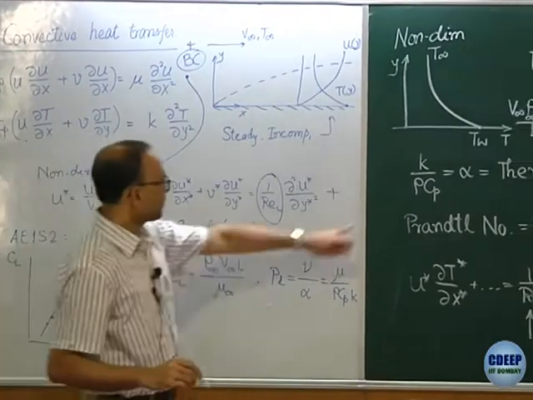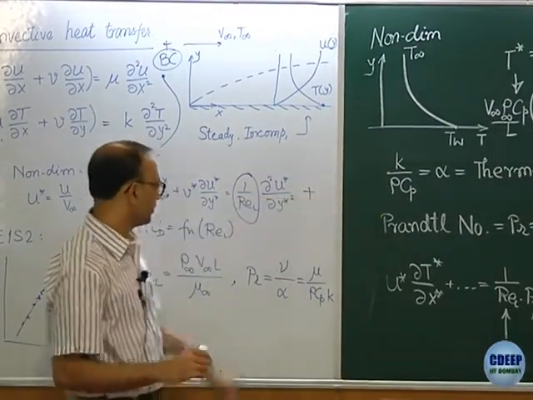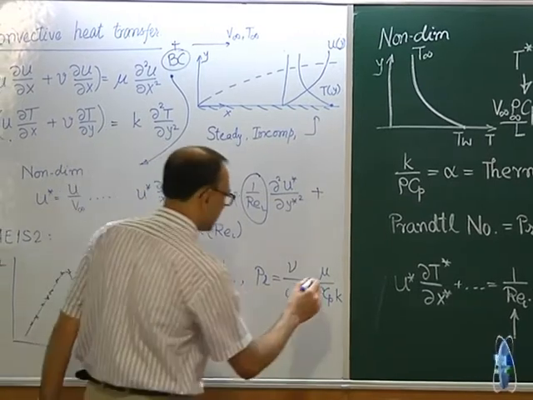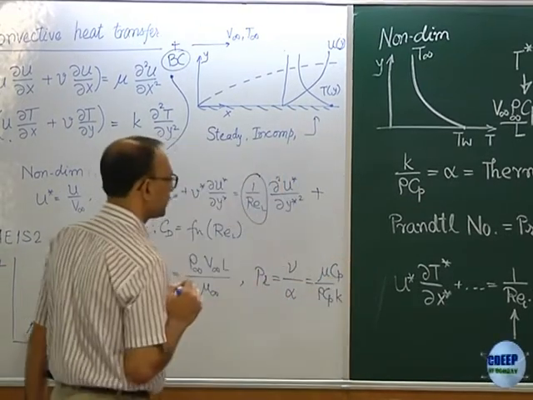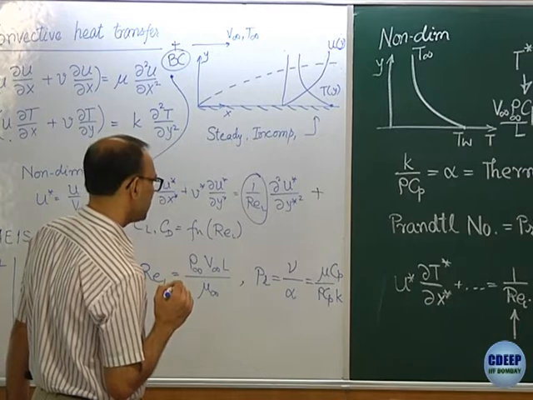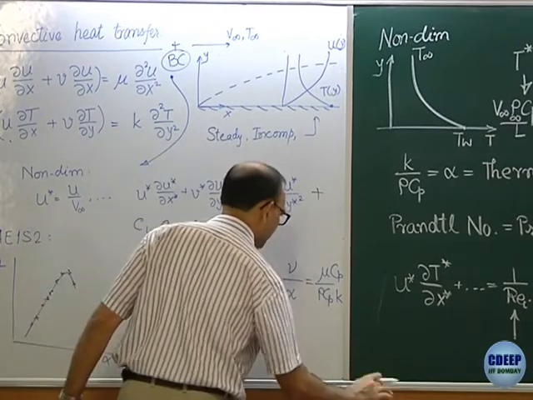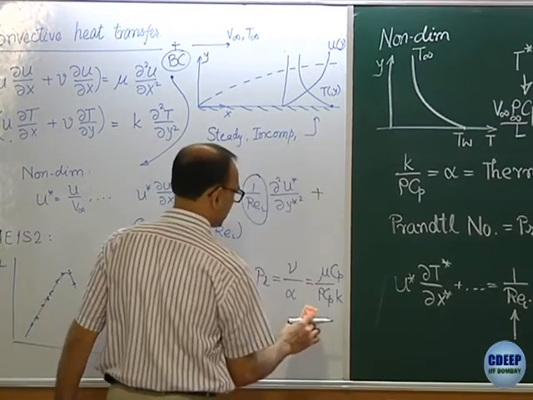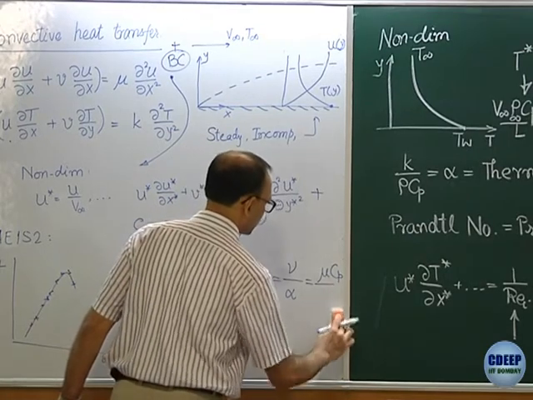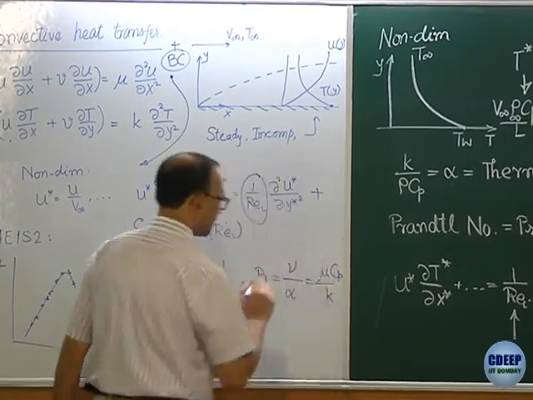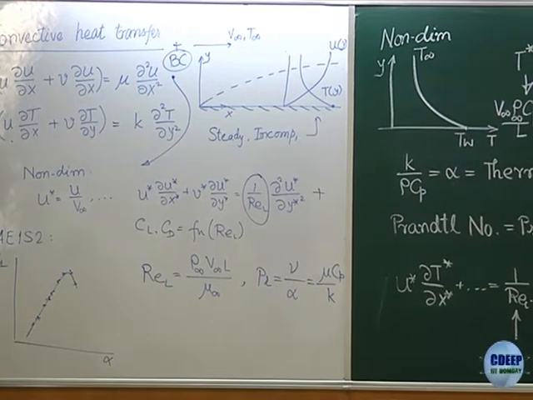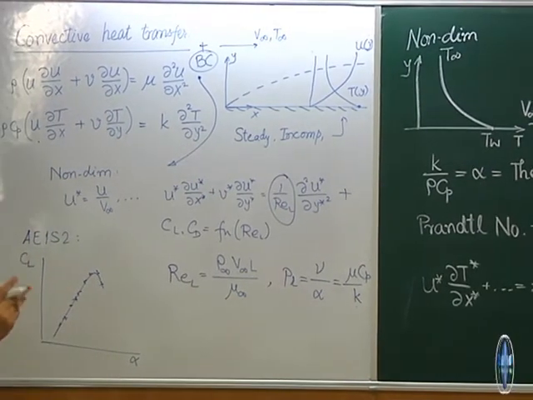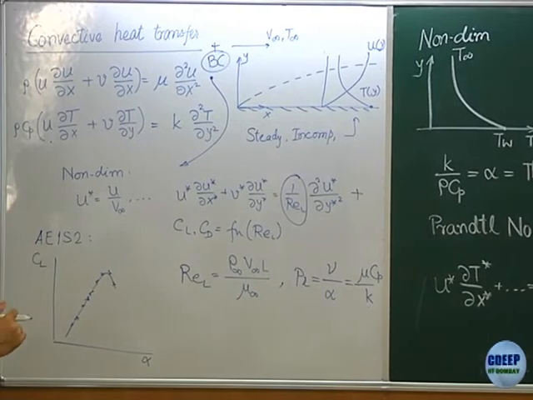So, replace alpha by rho... no, I made a mistake. Mu Cp, and rho gets cancelled. Okay. Mu Cp, I think this is true. Let us try this. I think this is what it should be. Mu Cp over K, rho would get cancelled.